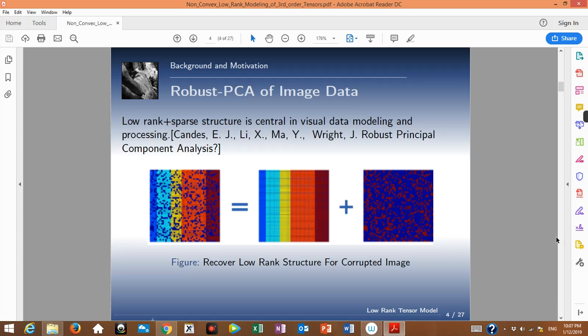This is called robust PCA. Robust PCA was introduced by Candes, Li, Ma, and Wright. This method has been widely used in real-world applications.